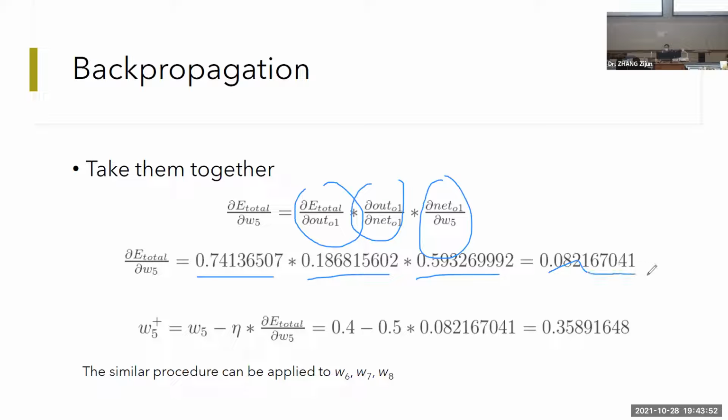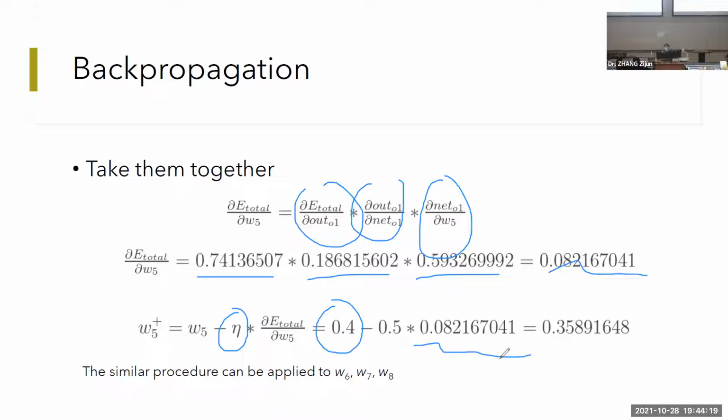Then we get the gradient 0.08216. Okay. And how are we going to update the weight 5? The observed value of weight 5 is 0.4. Learning rate is 0.5. And the gradient is 0.08216.